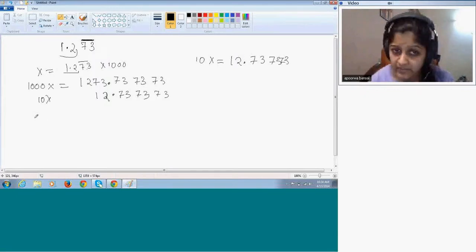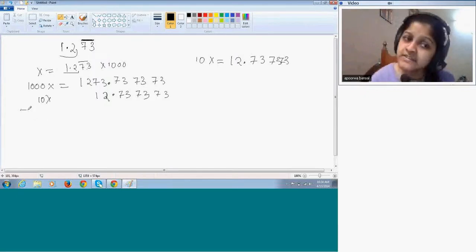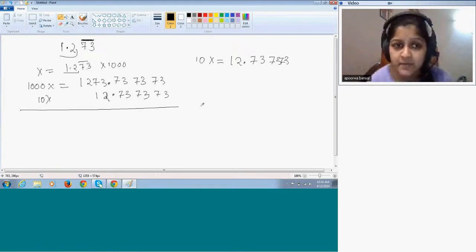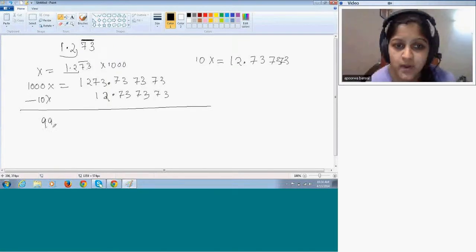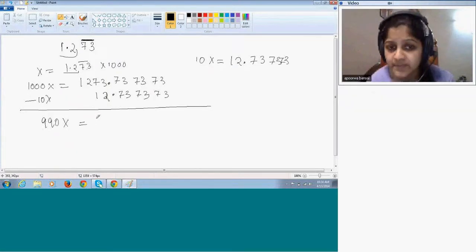We'll subtract them. We'll get 990x, which is equal to 162 minus 1. Check, you get the same thing if you add this part, right?